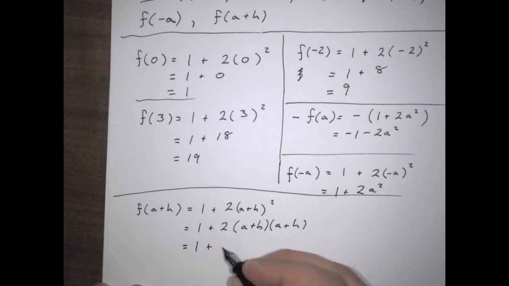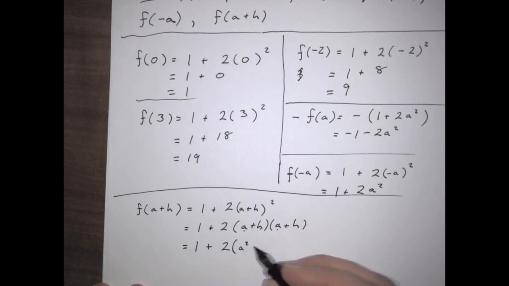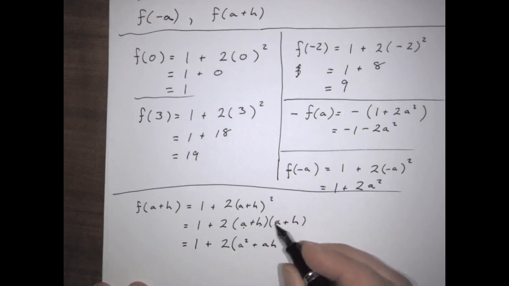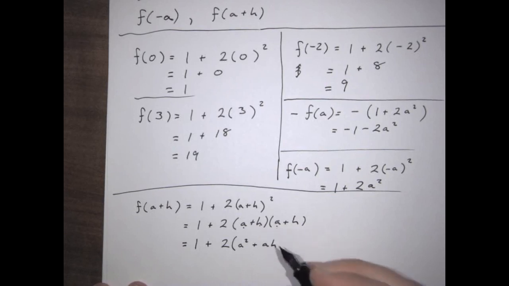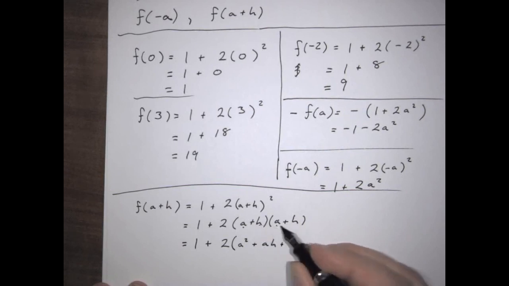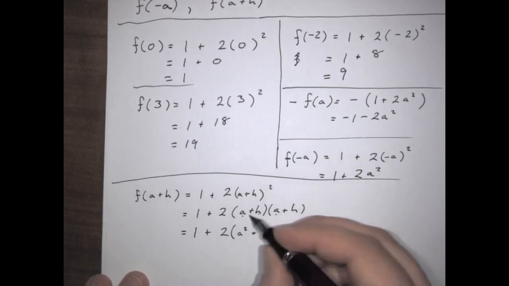So we're going to have still 1 plus 2 times, and then here we're going to have first with first, which is going to be an a times an a or an a squared. We're going to have first with second, and that's going to be an a times an h for AH. Then we're going to have a second times a first, and that's going to produce an H times an A, which is again just going to be AH if I write the factors in alphabetical order, which is the usual way.